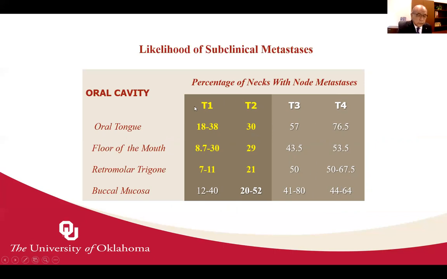So let's look at those that can be treated with surgery alone. And of those, T1, T2, the majority of patients are above that threshold of 15 to 20%, except perhaps the buccal mucosa here. So that's the likelihood of lymph node metastases in oral cavity.